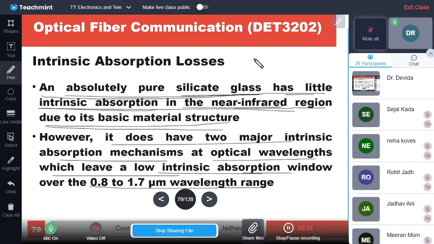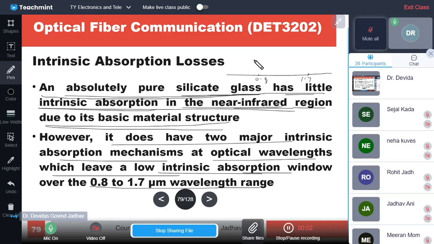So there is absorption from one wavelength to another wavelength. Suppose here the loss may be 0.01, 0.02, 0.03, and on the wavelength axis this may be 0.8, then 1, 2, 3, 4, 5, and this may be 1.7, and there may be 2, 4, and far infrared, isn't it?